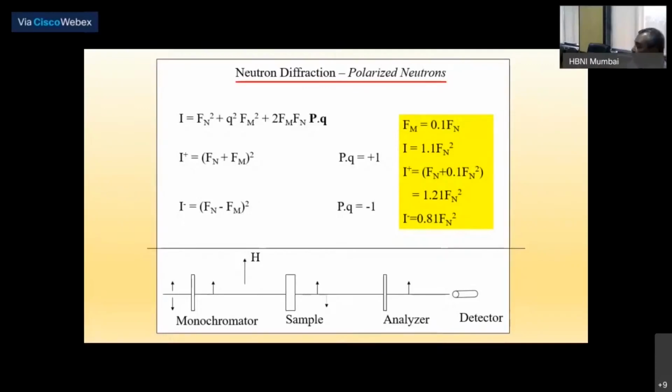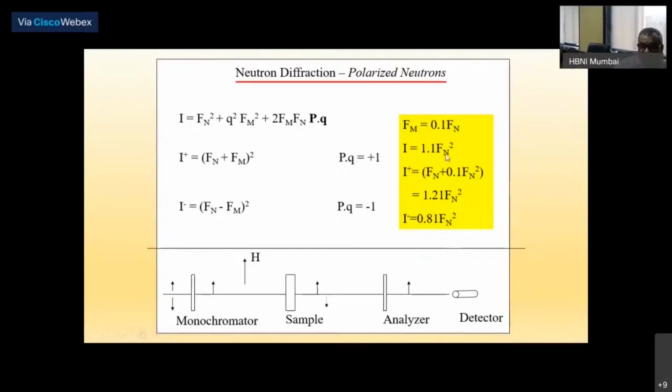If I do polarized neutron scattering, in that case, one will be plus, one will be minus. The magnetic moment can be plus with respect to the nuclear scattering, it can be minus.